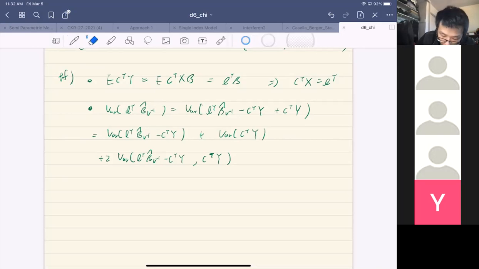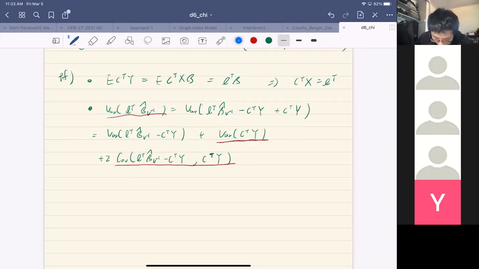So if this term is 0, then we can say the variance of this term is smaller than the variance of this term.